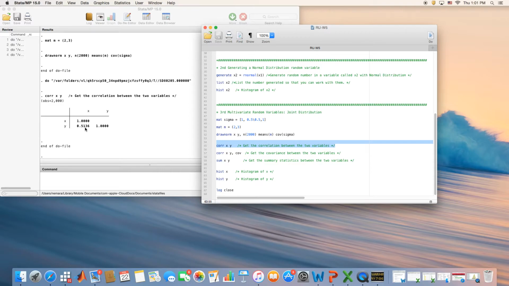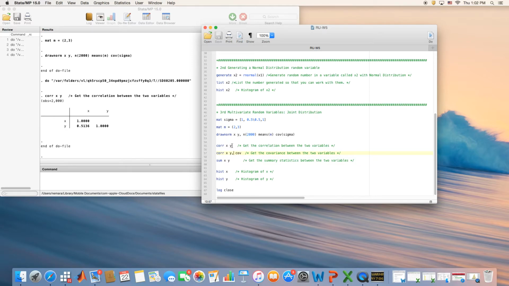Which is positive, and as x increases by 1%, y would increase by 51.36%, or the opposite, if y increased by 1, x increases by 51.36. So it's positive with this specific magnitude. Again, the correlation, as you remember, is between -1 and 1. And if it is 0, then they do not covary. They are basically independent.